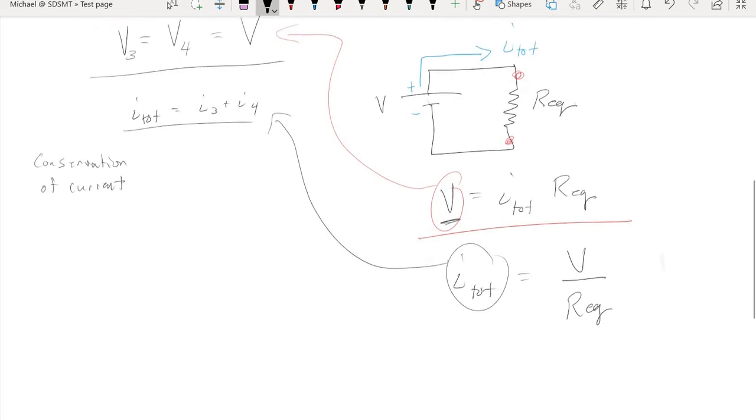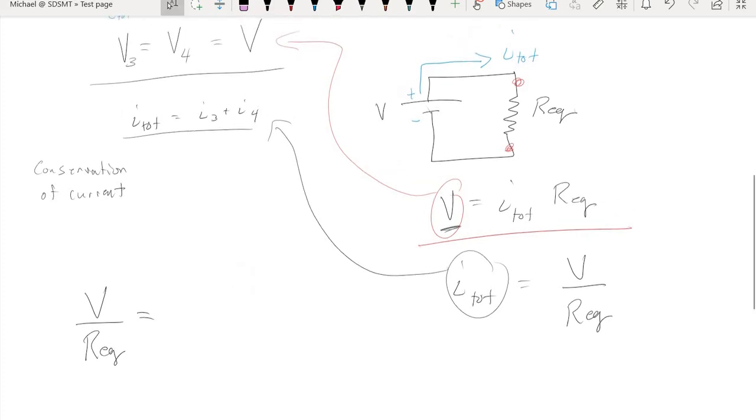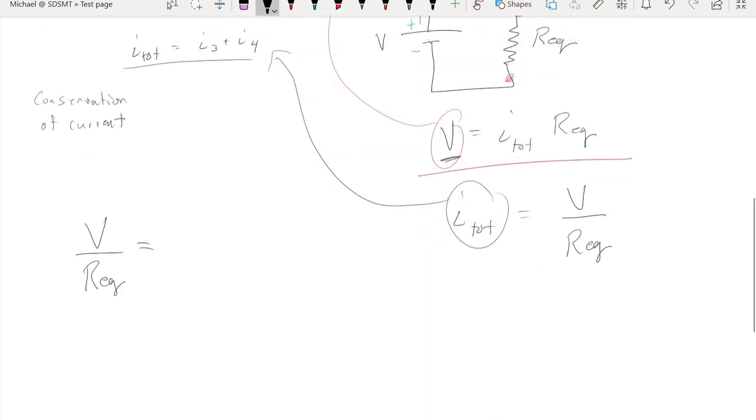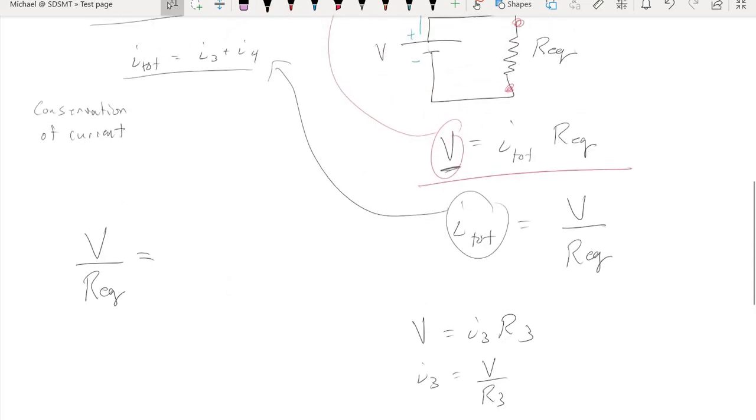We know that the total current coming out of the battery has to equal V over Req, which has to equal the current passing through resistor 3. Well, let's find that. V3 equals I3 R3. But we already know that the potential difference across resistor 3 is the same as the potential difference across the battery. And that means that I3 is equal to V over R3. So we'll plug that in to our equation.